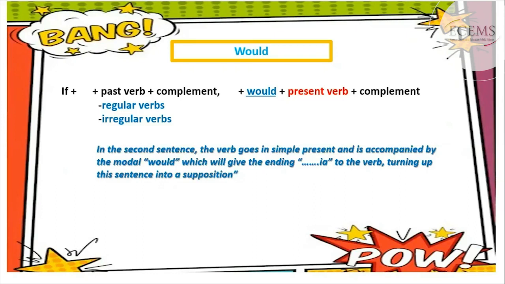En la segunda oración o cláusula, el verbo va en su forma simple, precedida por el modal would, la cual le da la terminación ía. Notice the example. Would plus present verb plus complement.